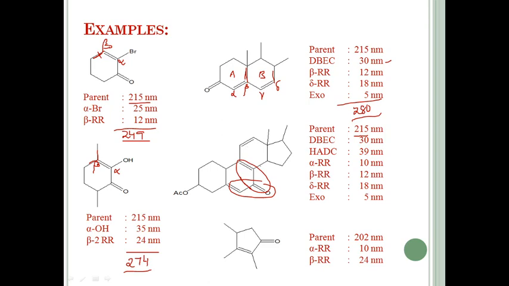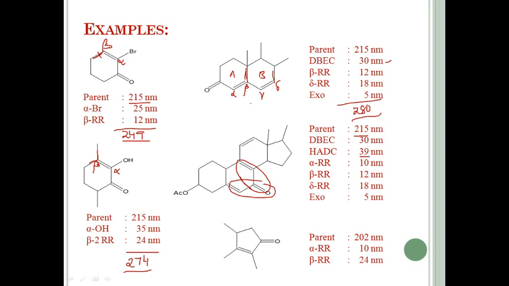So this structural environment is known as homoannular. So you are having extension of double bond as well as a homoannular diene system, so you have to give two increments: for the double bond extending conjugation 30 nanometer, for the homoannular diene system 39 nanometer.